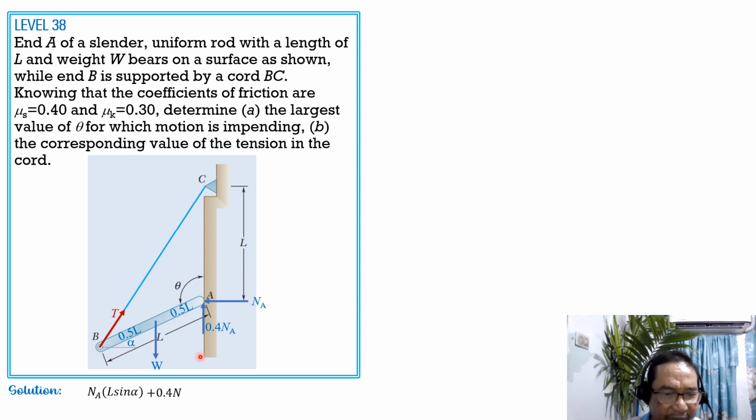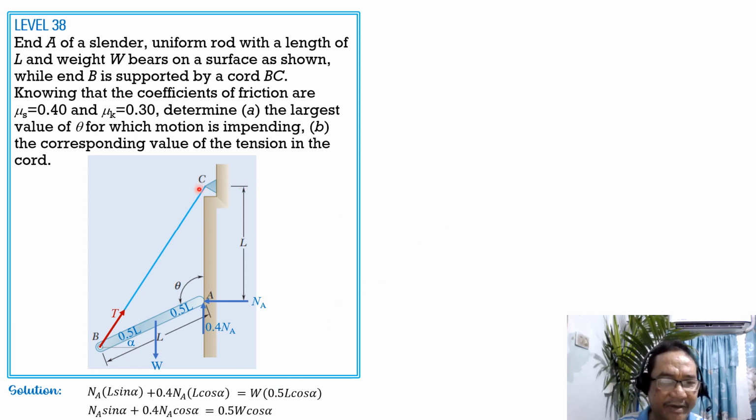So plus 0.4 NA times L cosine of alpha equals weight times 0.5 L cosine alpha. Cancel out L, simplify. So we have NA sine of alpha plus 0.4 NA cosine of alpha equals 0.5 W cosine alpha.